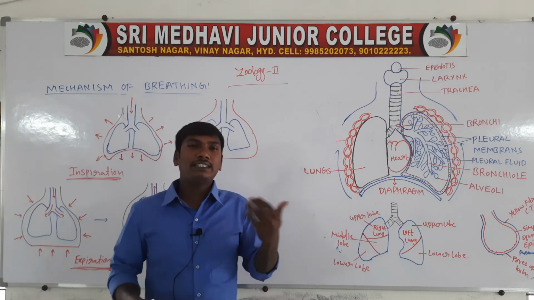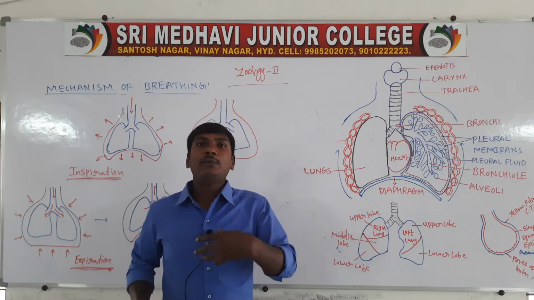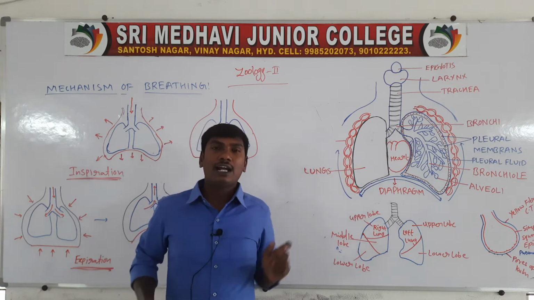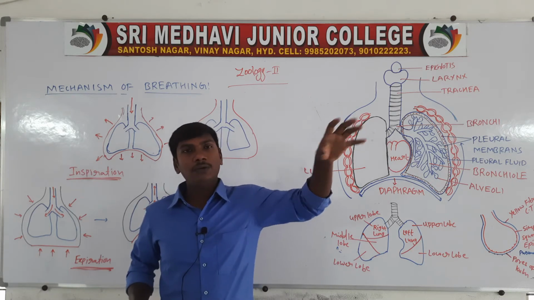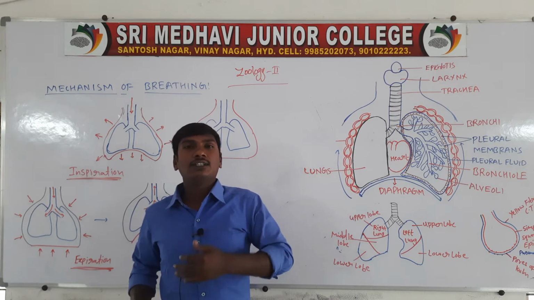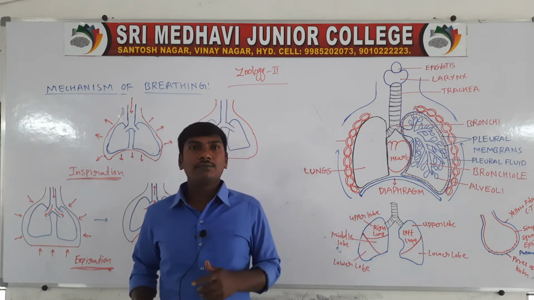At the time of expiration, the lung air pressure is high compared to the atmospheric pressure. The atmospheric pressure is low and the lung pressure is high, so the lung air goes to the outside. This is the mechanism of breathing.